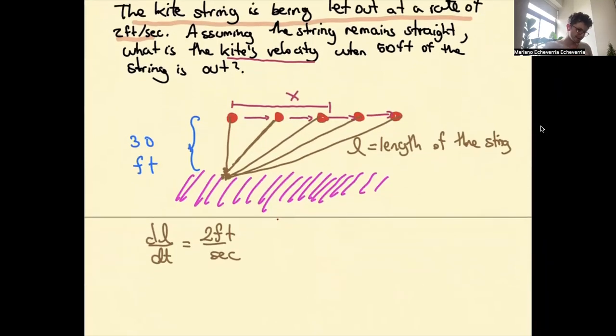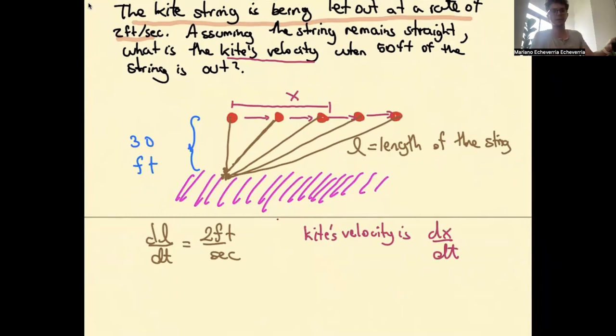So the kite's velocity is dx/dt. Is that making sense? And so the key in this problem is just to realize that you have a right triangle here.